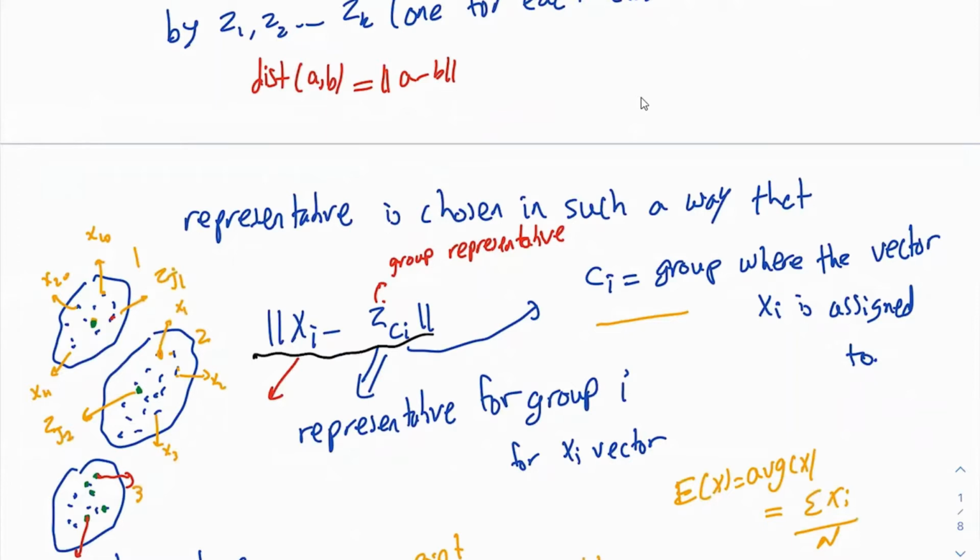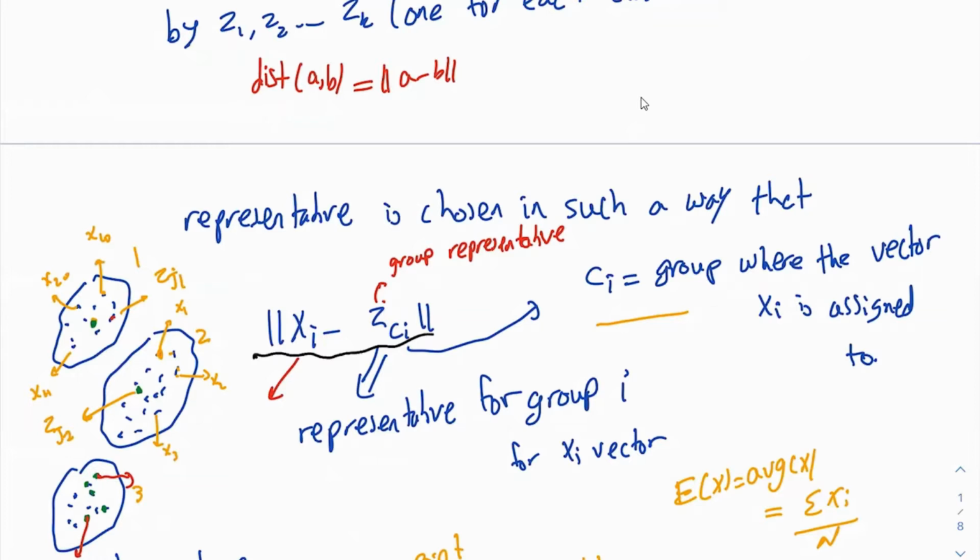The notation might be confusing, so let me explain. z_ci, first of all, z is a group representative, right? ci is defined as the group where the vector xi is assigned to. So let's say the vector xi is part of cluster 1, then ci would be 1. ci is equal to the group that the vector xi is associated with.